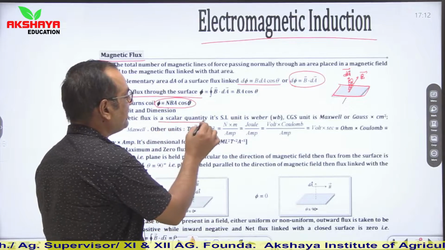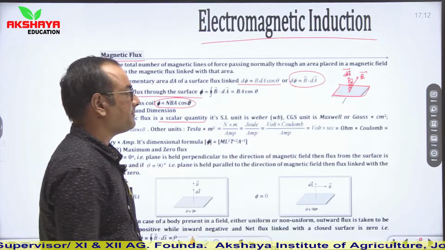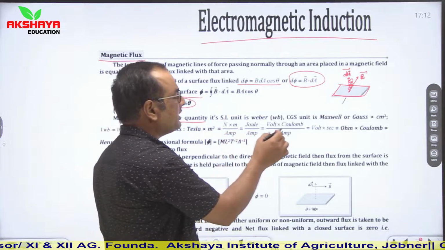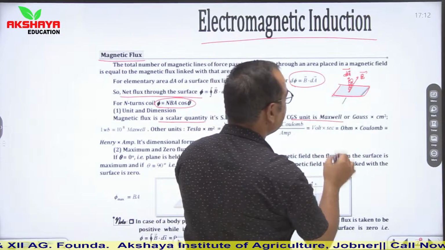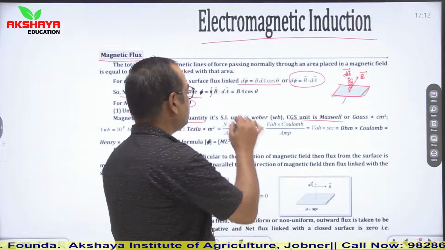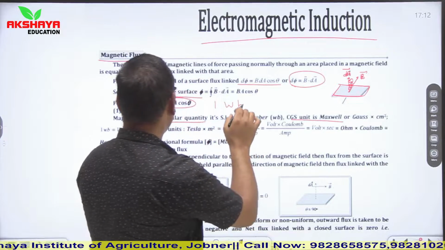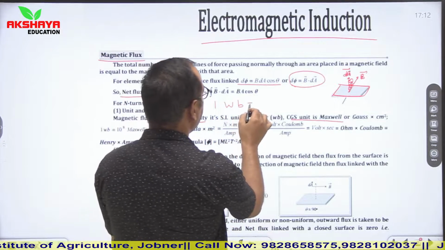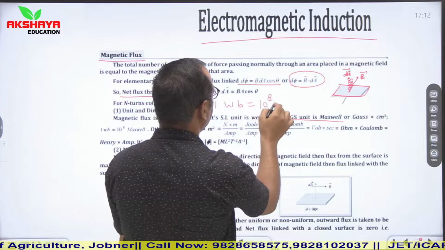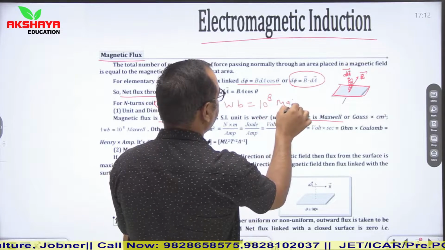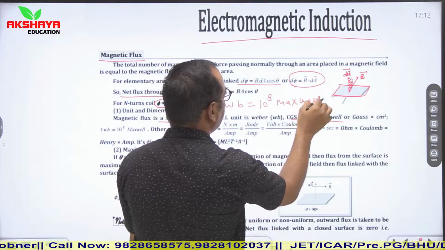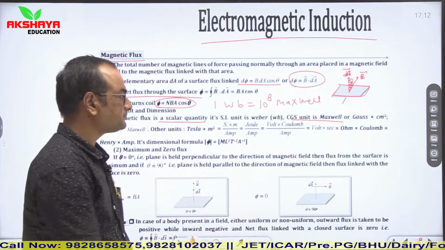Magnetic flux is a scalar quantity and its SI unit is Weber. Its CGS unit is Maxwell. So 1 Weber is equal to 10 to the power 8 Maxwell.